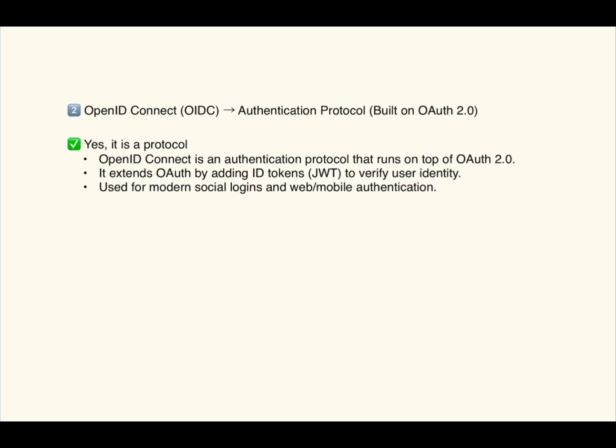OIDC uses JSON while SAML uses XML. If the app only needs authentication, OpenID Connect is enough. If the app also needs access to external resources, like an API, OAuth 2.0 comes into play. So this is how all these protocols work: SAML, OpenID, and, as we discussed in our previous video, OAuth 2.0 is a framework.